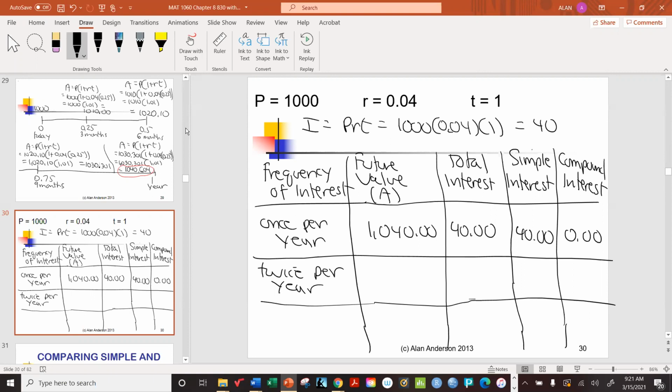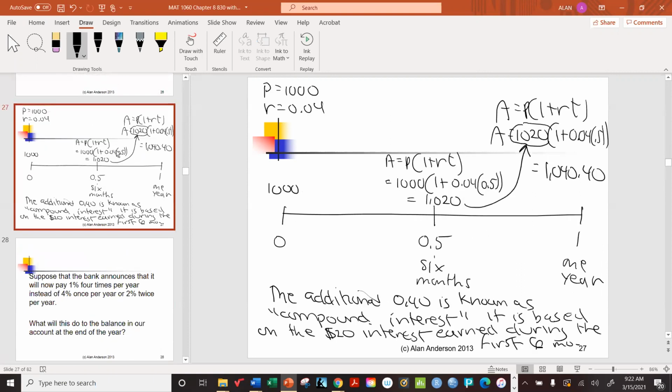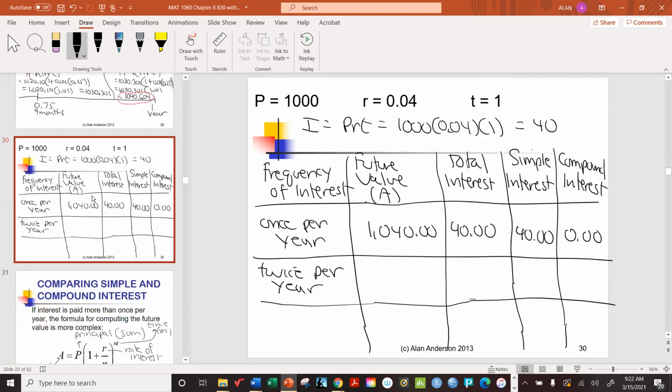So when we had twice per year, we ended up, if you recall, let's go back and revisit that slide, with $1,040 and 40 cents. The total interest was $40.40.